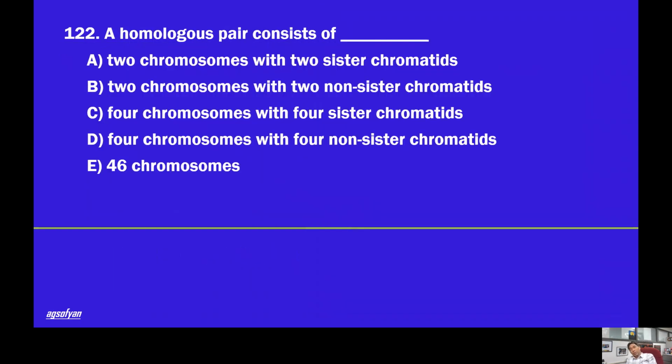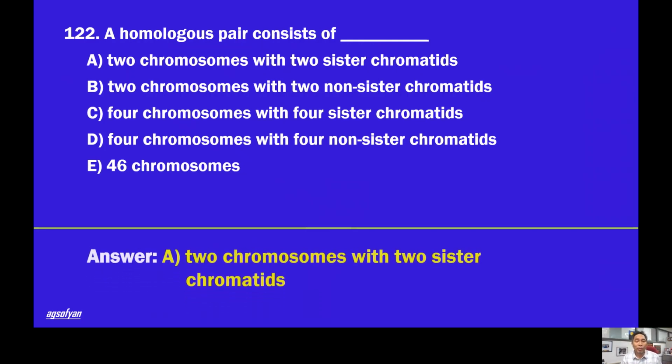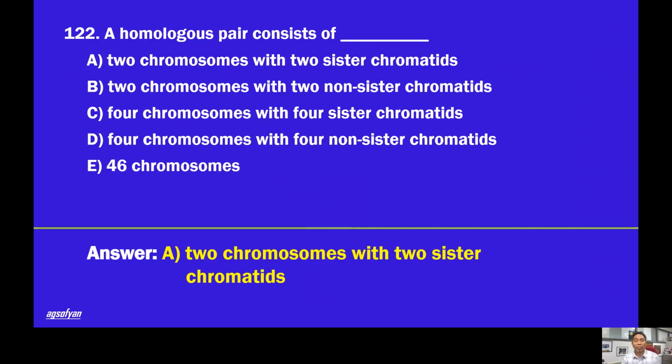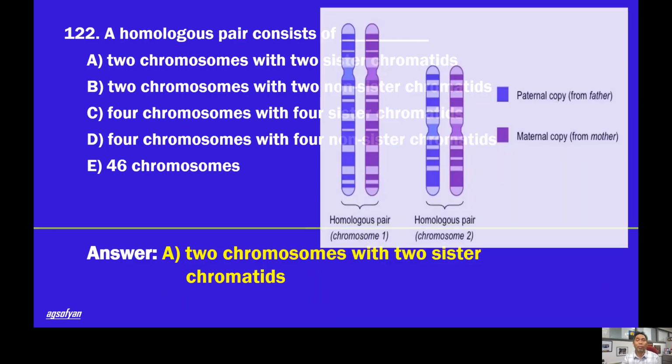122. A homologous pair consists of: 2 chromosomes with 2 sister chromatids, 2 chromosomes with 2 non-sister chromatids, 4 chromosomes with 4 sister chromatids, 4 chromosomes with 4 non-sister chromatids, or 46 chromosomes? The answer is 2 chromosomes with 2 sister chromatids. So this is what we call the homologous pair of chromosomes.